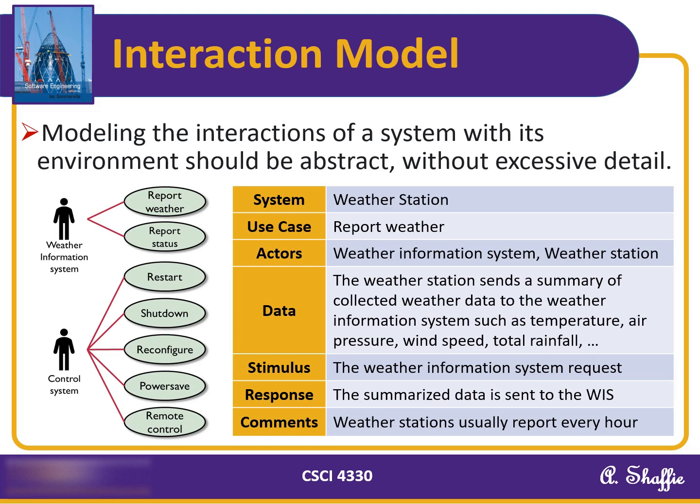The participating external entities, such as the weather station system and the control system, are illustrated as stick figures. This example shows the use case model for a weather station system. Each action, like report weather or restart, corresponds to a specific interaction between the system and its external entities.